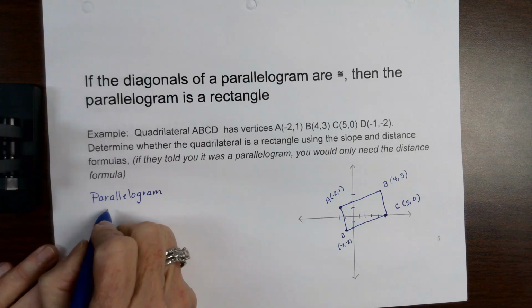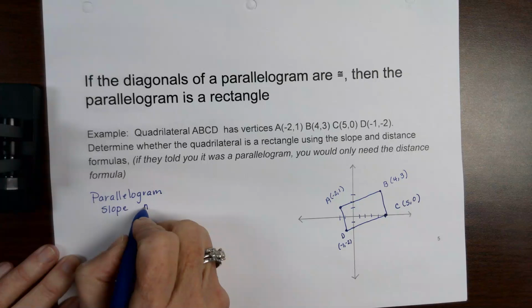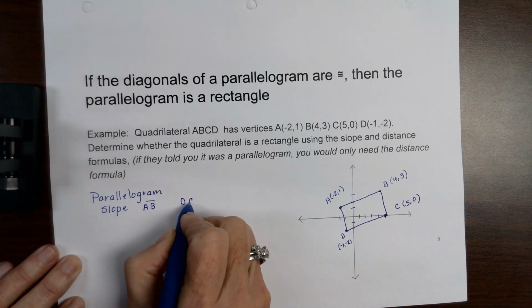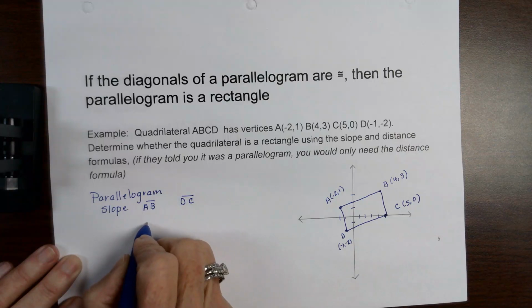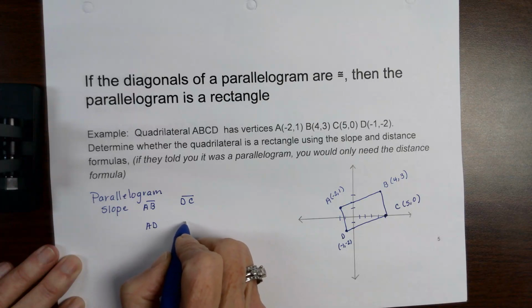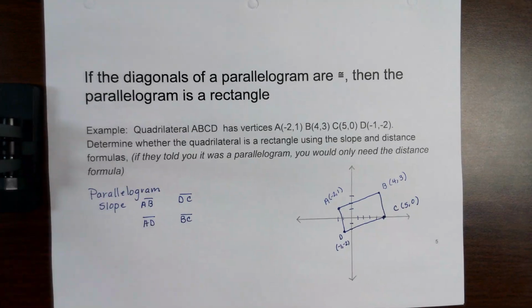So I want the slope. I want AB, and I want DC, and I want AD, and I want BC. So I'm going to use my slope formula to find each one of those.